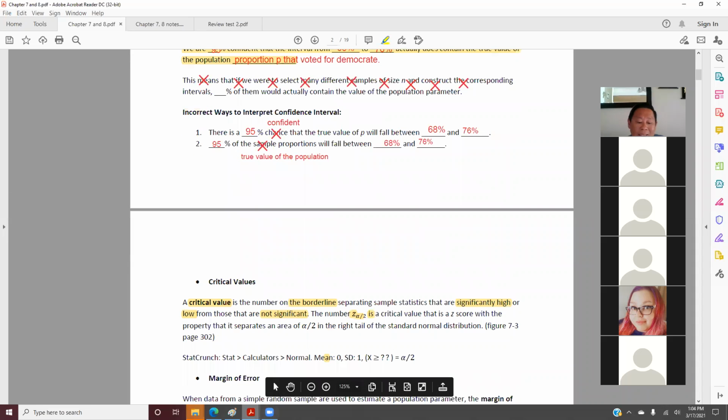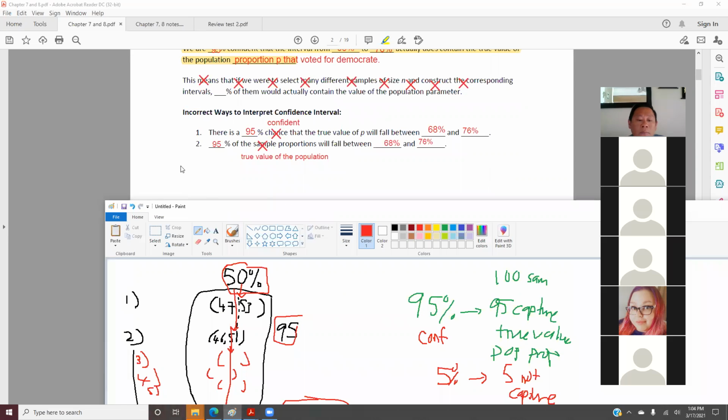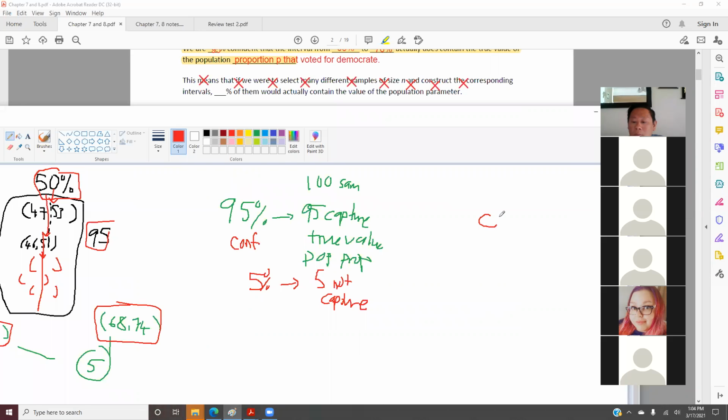The critical value is where you figure out the cutoff point: this is your significantly high, this is your significantly low, and this is not significant.